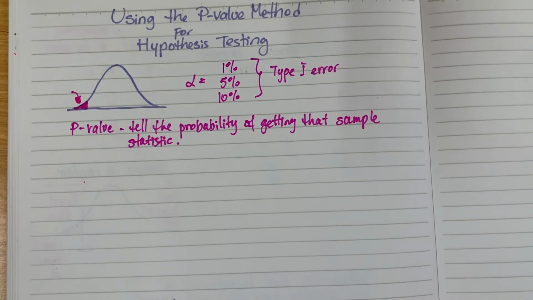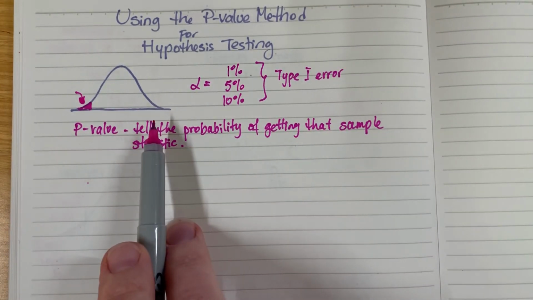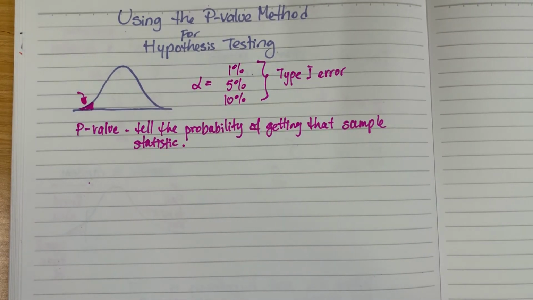It represents the probability of a particular sample statistic to have this extreme occurrence based on the fact that the null is true. We're going to do an example using that, but I just wanted you to be aware that it exists, and many times you're going to look at a computer output.